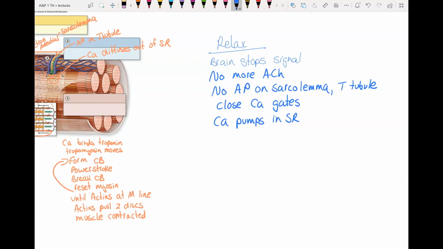Think of it like a million little shop vacs. They go out and they vacuum up all that calcium back into the sarcoplasmic reticulum. So you take the calcium away from the troponin.